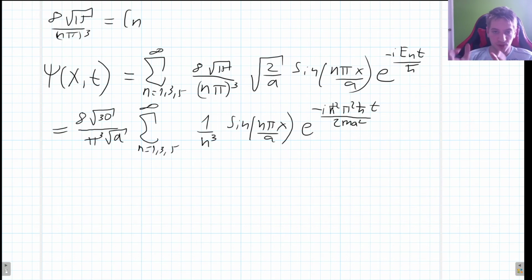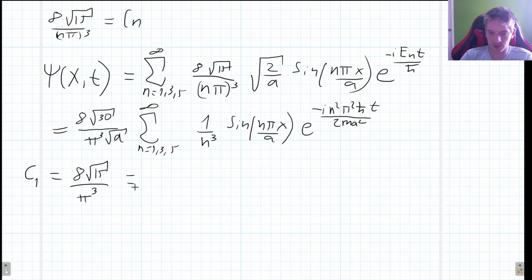So this was the whole point of having a complete set of functions, because we can now find our solutions, which had this 1 over n cubed. These are our coefficients. So let us now evaluate our coefficients. So C1, let me pull up my calculator. This is just going to be 8 times the square root of 15 divided by pi cubed.